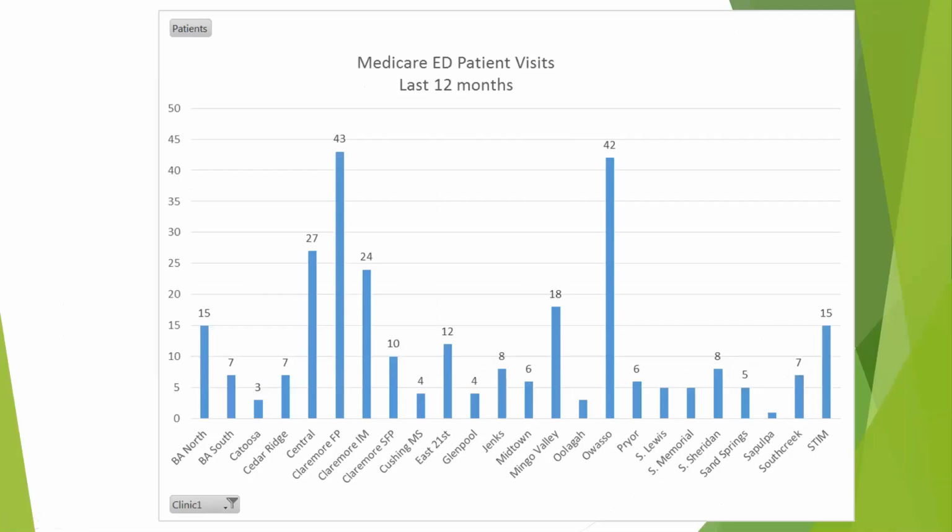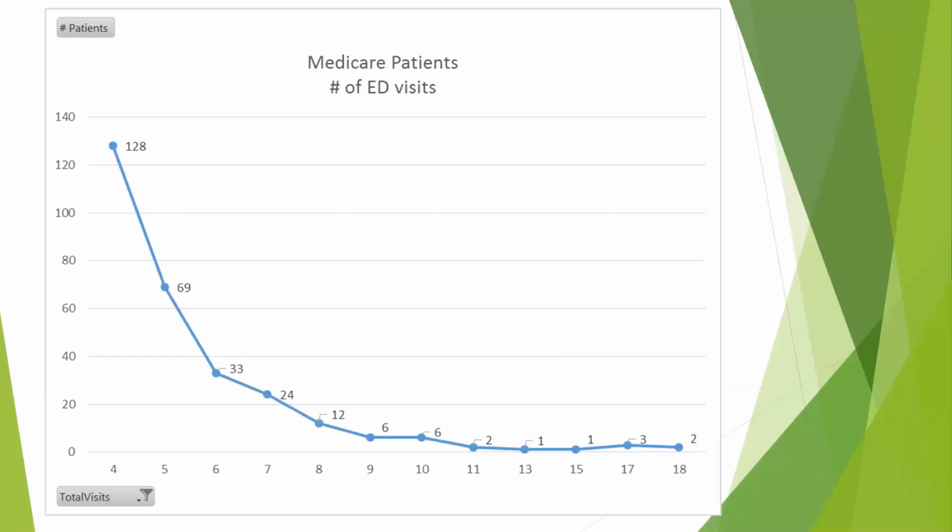Still, a couple of you are having a high number, but not as high as before: 42, 43, 27, 24, 18. Now, let's drill down into that next level of data and look at who those patients might be. Here's 128 patients who had at least 4 visits, all the way down to 3 patients and 2 patients who have had 17 or 18 visits.